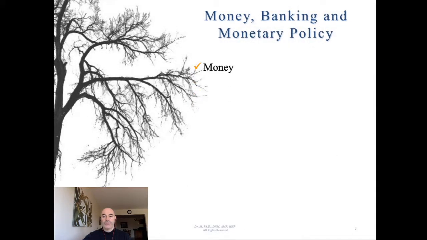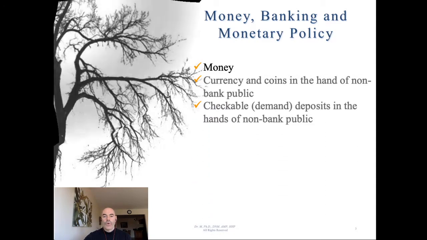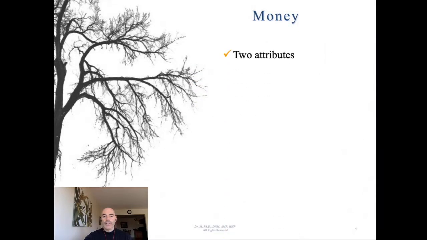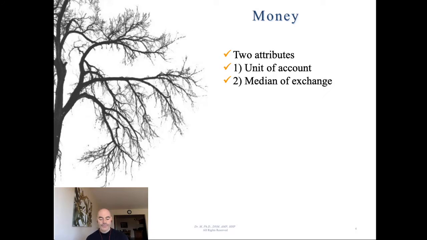Basically there are two attributes. One attribute of money is going to be unit of account, and the other one is medium of exchange. Many years ago, as long as we can date human history, different civilizations used different types of medium of exchange and unit of account.